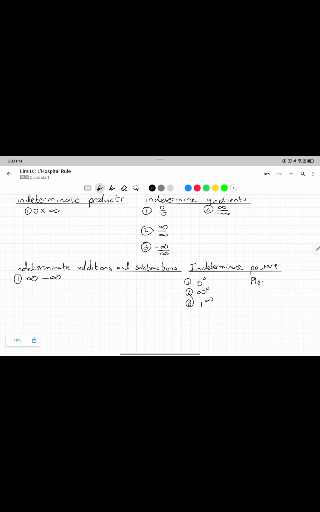Please note, zero all over infinity is not indeterminate. Might seem obvious to some, but it's not 0, so just had to specify.